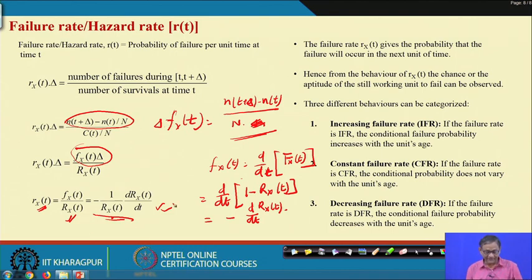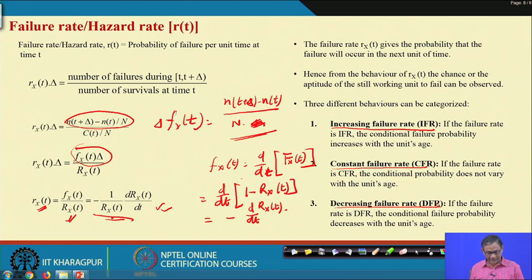Okay. So, that is the definition and the derivation of hazard rate. Interestingly, it basically gives three important explanations: increasing failure rate, constant failure rate and decreasing failure rate.